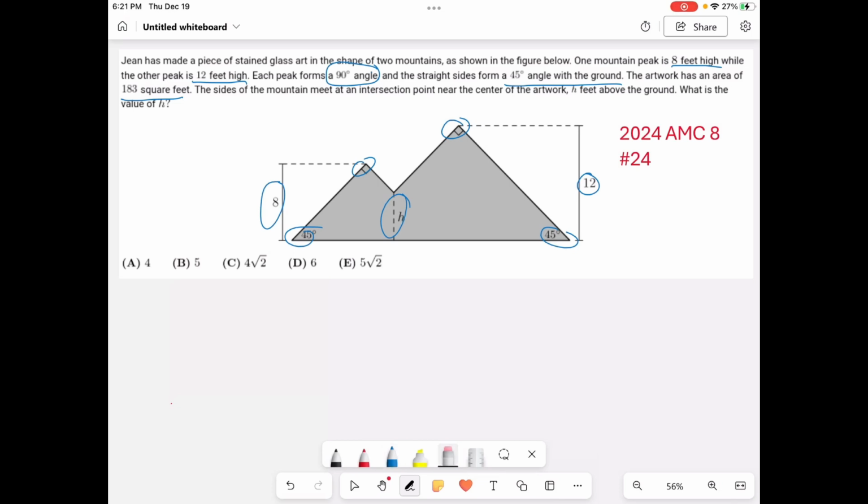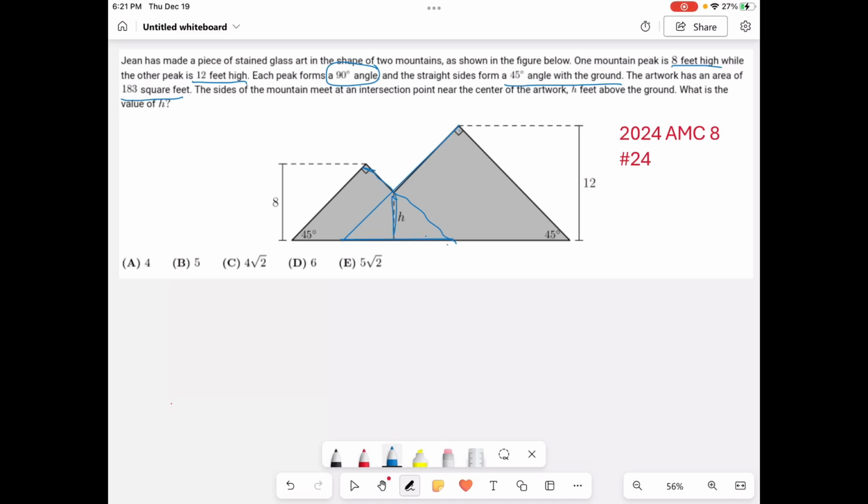Okay, so first, what is this problem actually asking us? It's trying to make us solve the height over here. So how can we do this? Well, the key realization here is that these two triangles overlap over this area of a triangle that has a height of h.